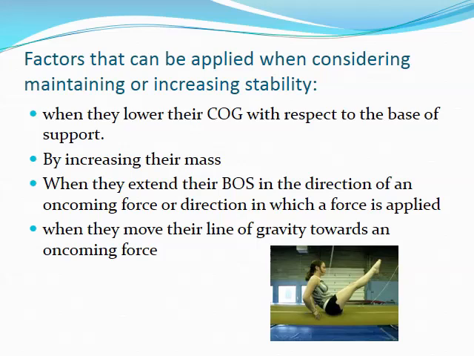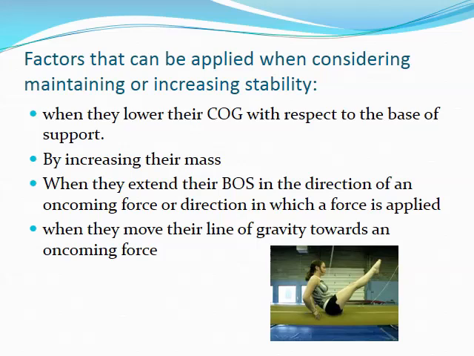This would happen, for example, if we look at rugby as the sport, you'll see a rugby player, as he crouches down lower, lowering the centre of gravity, he will become more stable, particularly if he's preparing to be tackled. By increasing mass is another way that you can increase stability. Obviously you can't do that at one time, but it's another reason why rugby players, for example, will work on bulking up, because then they are a harder mass to move, which makes them a little bit more stable.